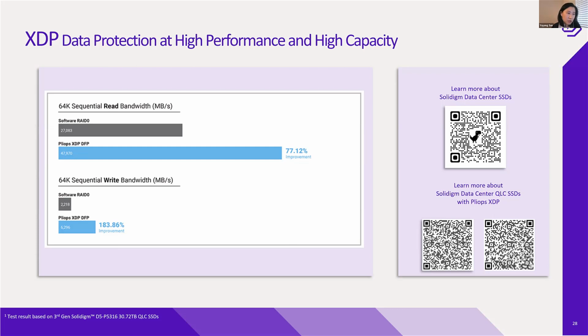As Tony mentioned earlier, data protection and drive rebuild time is very critical, because you don't want the drive to fail during rebuild. Traditionally, when you have HDD, it takes days for data to rebuild when there's a drive failure. But with XDP and QLC SSD, you can shrink that time to as little as a few hours. That's very, very important to increase the robustness and reliability of your data.